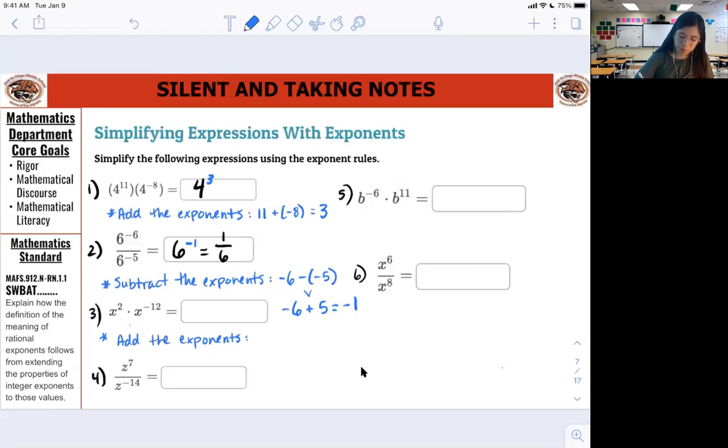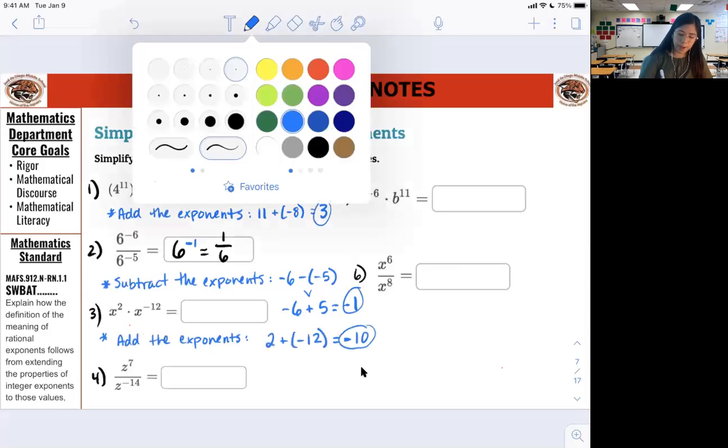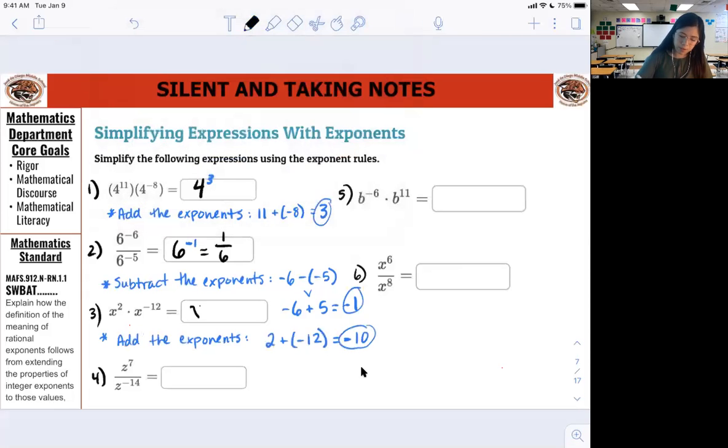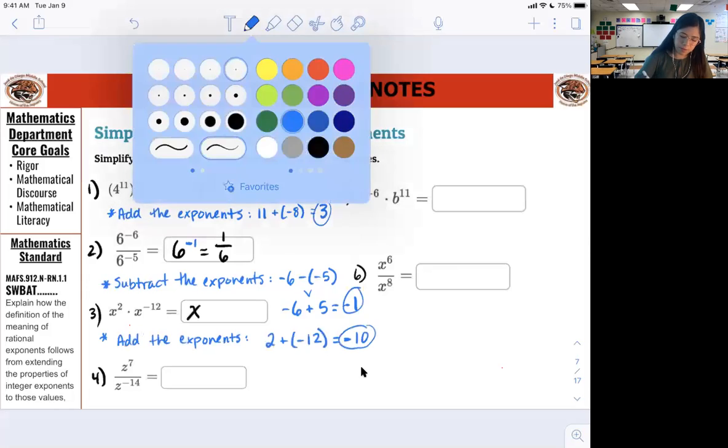So I have 2 plus -12. In other words, 2 minus 12. 2 minus 12 is, I see Juan's got it in there, -10. So I have x to the power of -10.